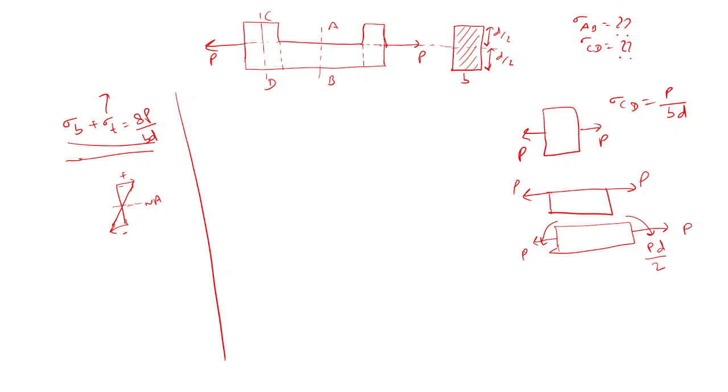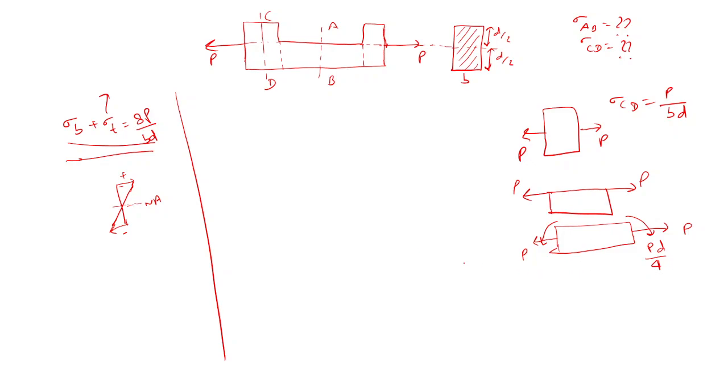Then our moment will be PD by 4, because it acts at D by 2, so half we have to go there.